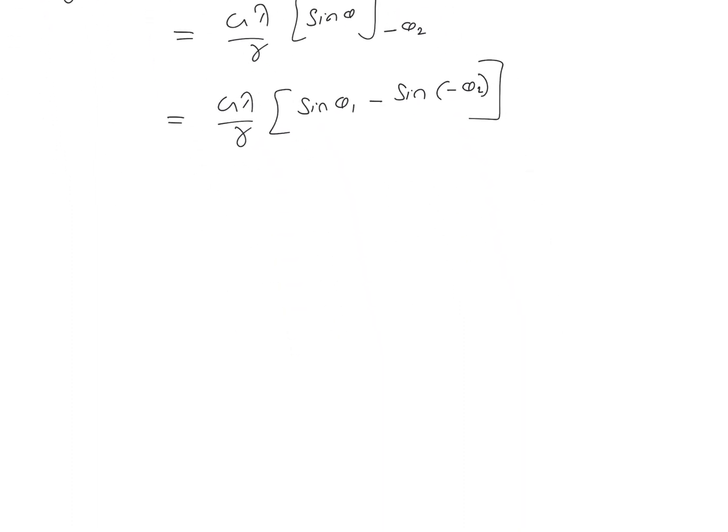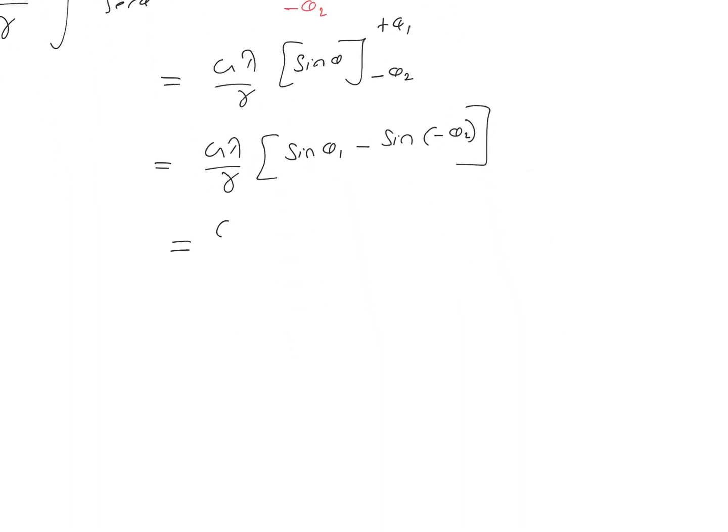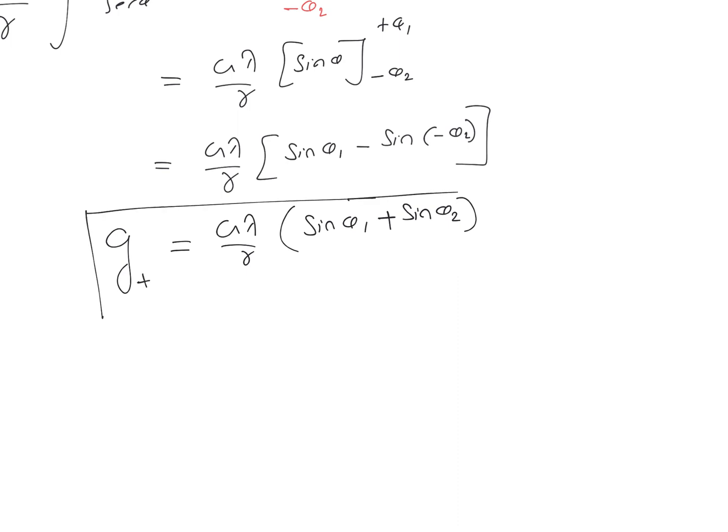We know that sine of minus theta is nothing but minus sine theta, so it is g lambda divided by r into sine theta 1 plus sine theta 2, because minus times minus becomes plus. So this will be the value of gravitational field which is perpendicular to the rod or a thread if its linear mass density is lambda, at a perpendicular distance r from the rod.